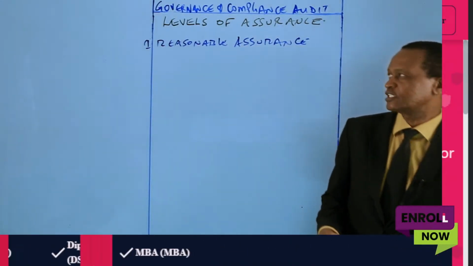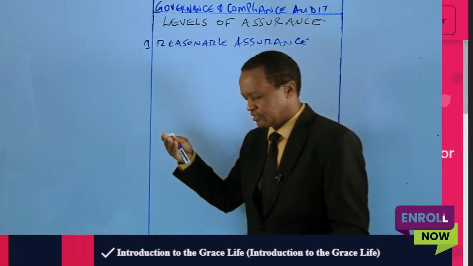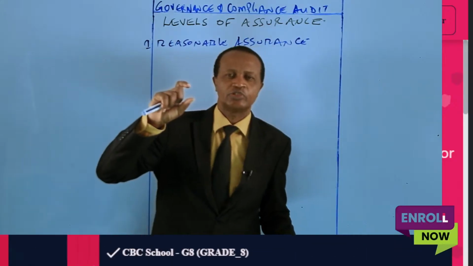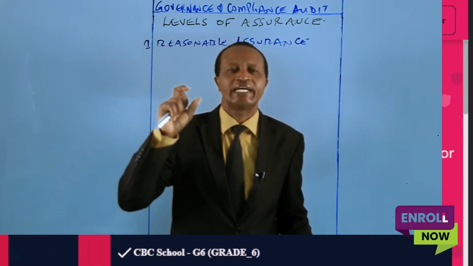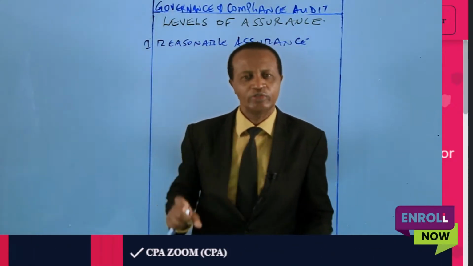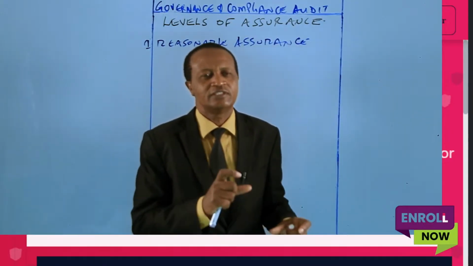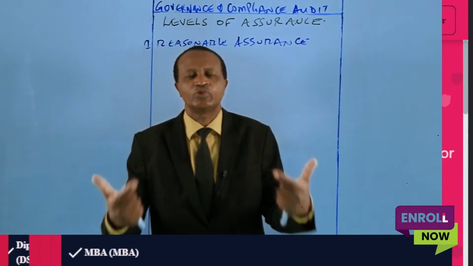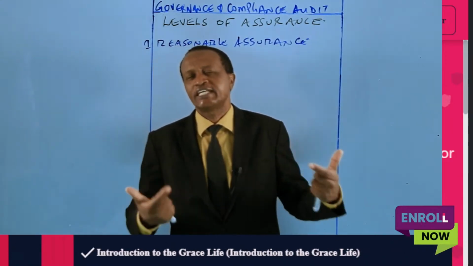Yes, you need to understand, candidates, that when called upon to carry out a governance and compliance audit, as an auditor, you may be required at the end of the day to provide assurance to the stakeholders.